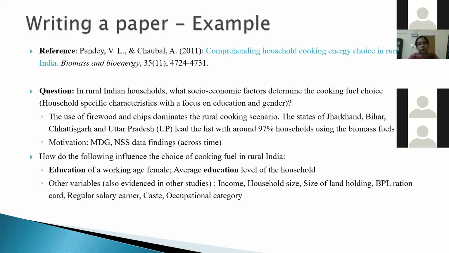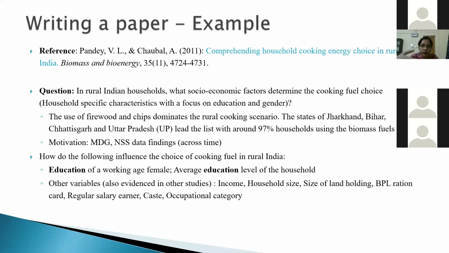Other variables which we've already come across in existing theories and literature in the Indian context were the ones you have here: income was an indicator, household size was an indicator, if they had more land, that was an indicator, caste was an indicator. The BPL ration card here refers to below poverty line households, who have that type of ration card.